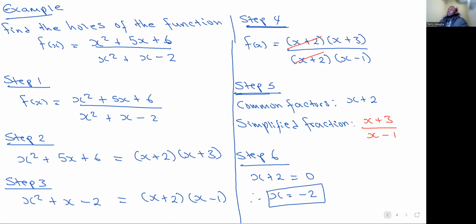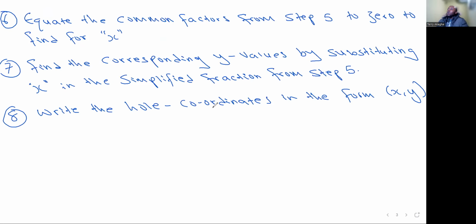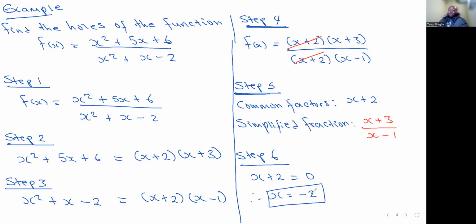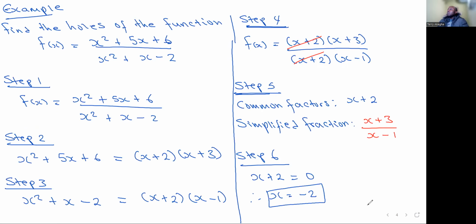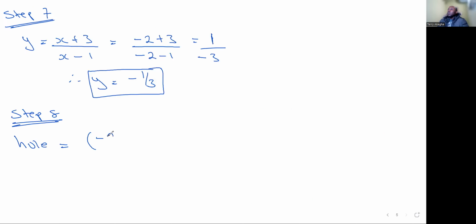Then step 8: write the hole's coordinates in the form of x and y. We know our x is minus 2 and our y is minus 1 over 3. So for this function, the hole is at x equal to minus 2 and y equal to minus 1 over 3.